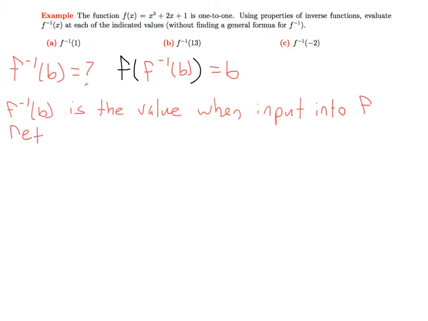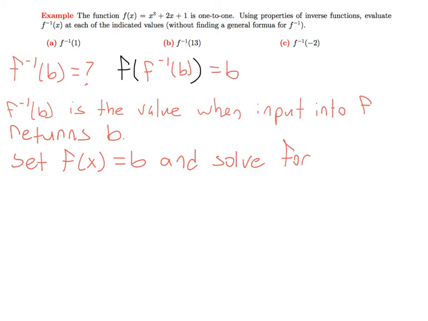In other words, what we can do is set f of x equal to b and solve for x. So to figure out what I get out of the inverse of f at b is the same thing as saying what value do I plug into f and get b.